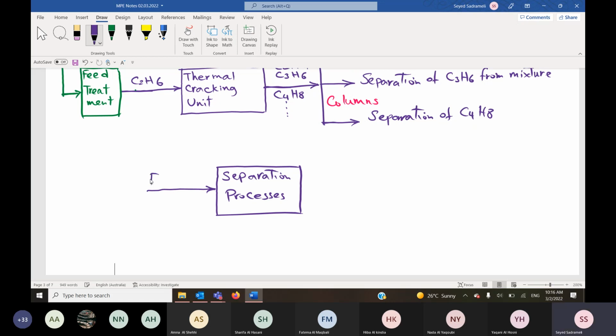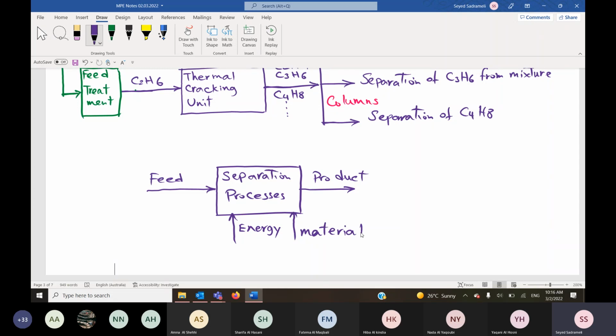So we have energy and sometimes material for the separation as an external agency.